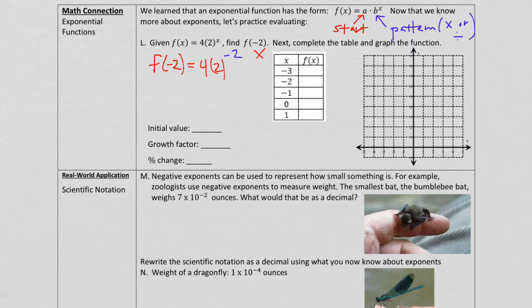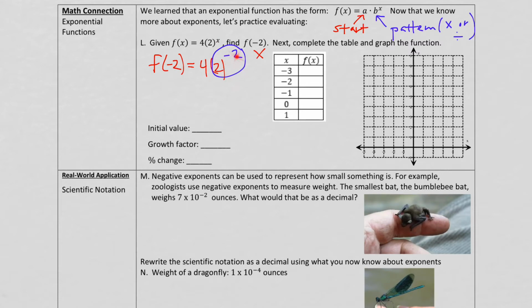And we now know from today's notes that a positive exponent represents a list of repeated multiplication. A negative exponent represents a list of repeated division. So when we see this kind of work here, what this is saying to us is I'm going to divide by 2 two times. It's a list.